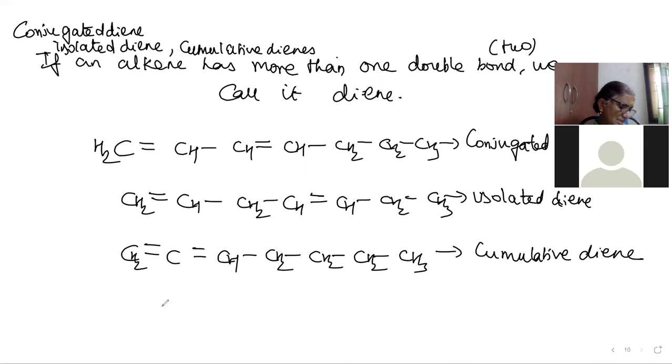So there is a question here. Pick out the correct statement. I'll do this question. Do you copy down this? Shall I go to next page? They have given different examples. Pick out the correct statement.